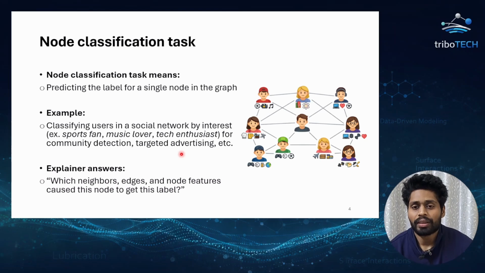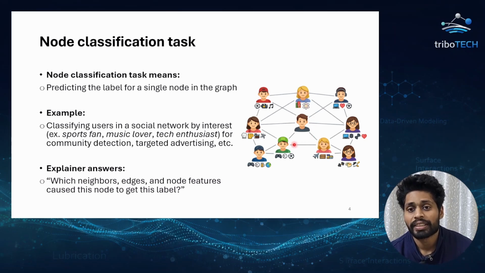So what is the role of an explainer in this kind of graph machine learning problem? So the role of explainer is basically to answer which neighbors, which edges, and which node features cause this node to get this label. For example, the model predicts that this user is interested in gaming.